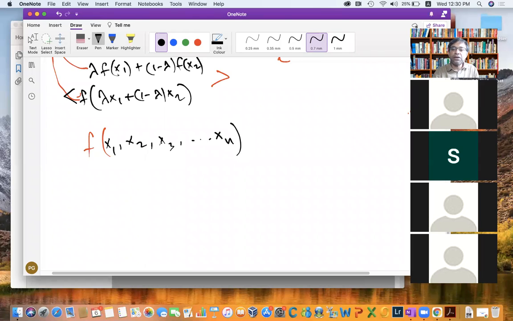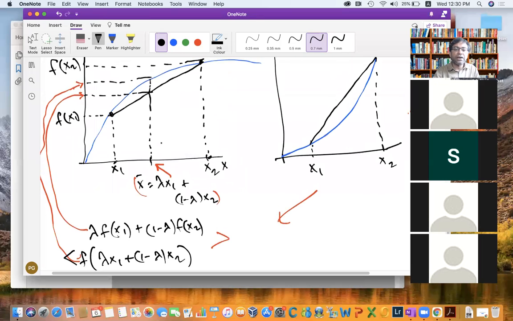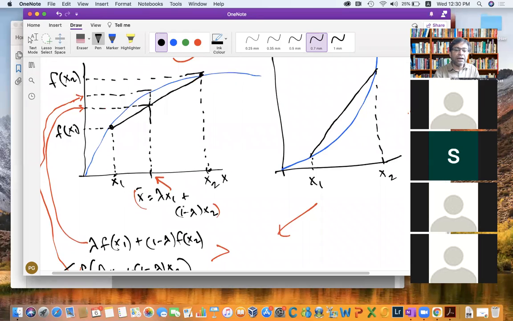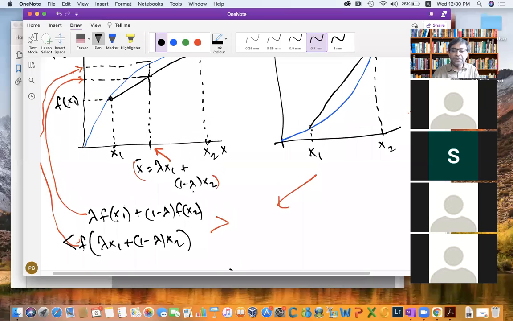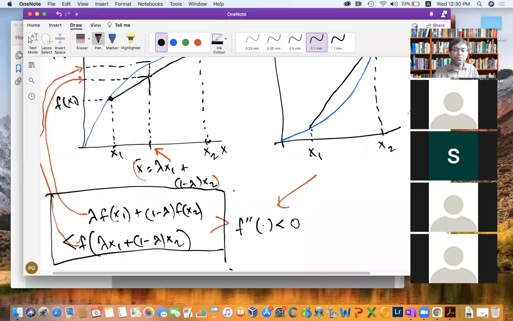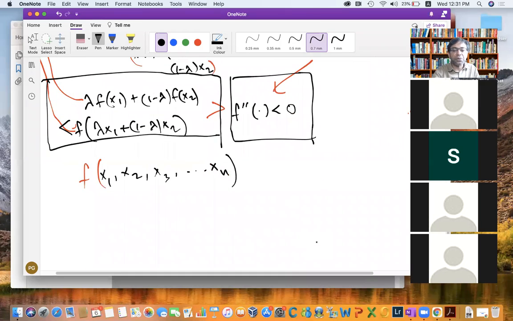For example, if the function is concave like this, this inequality property has to be satisfied. But in terms of derivatives, we know that the second derivative has to be negative. So this inequality property and this second derivative property are connected for differentiable functions. They're identical. They lead to the same kind of curvature property.